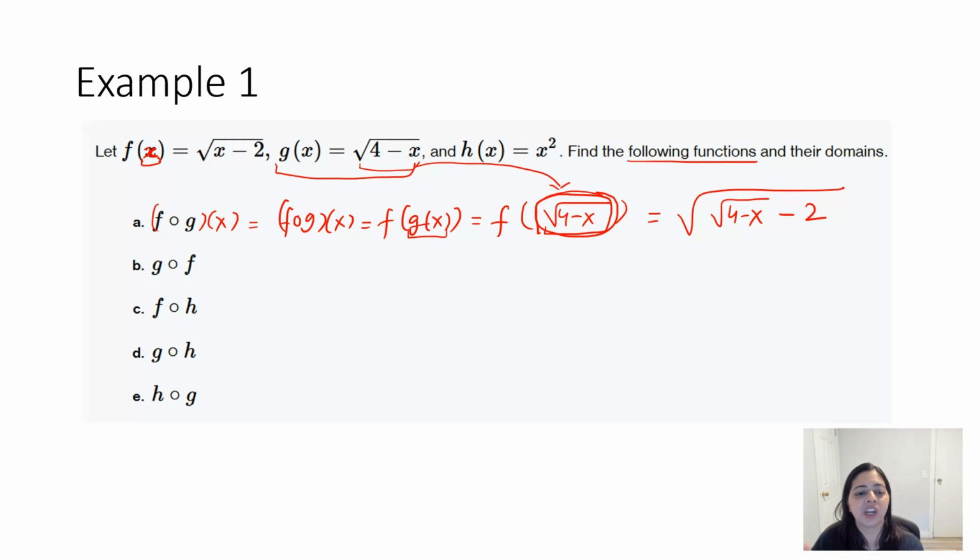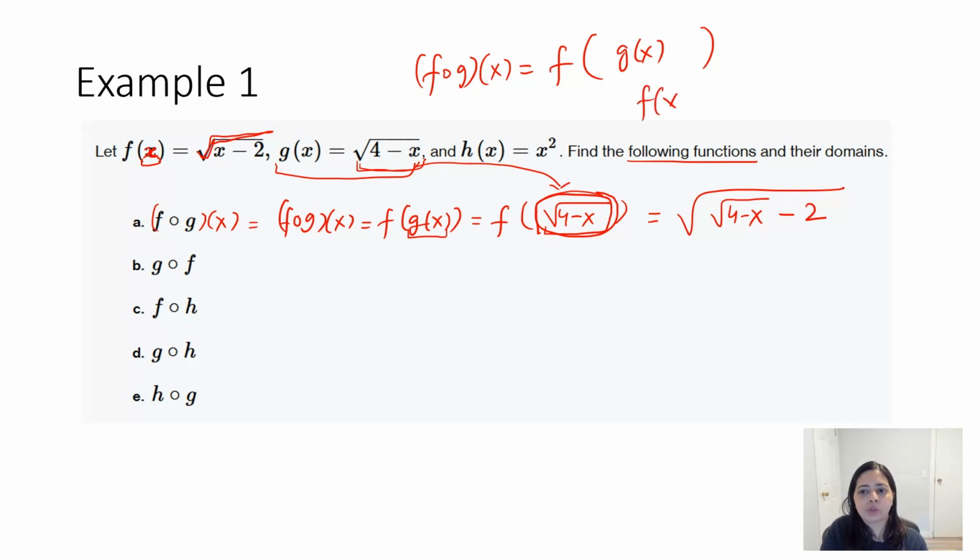So what just happened here is that f of g(x) is basically the outer function f(x), square root of x minus 2, but instead of x, you have g(x) as the input. So finding f of g(x) is nothing but the definition of the f function with g(x) as input.